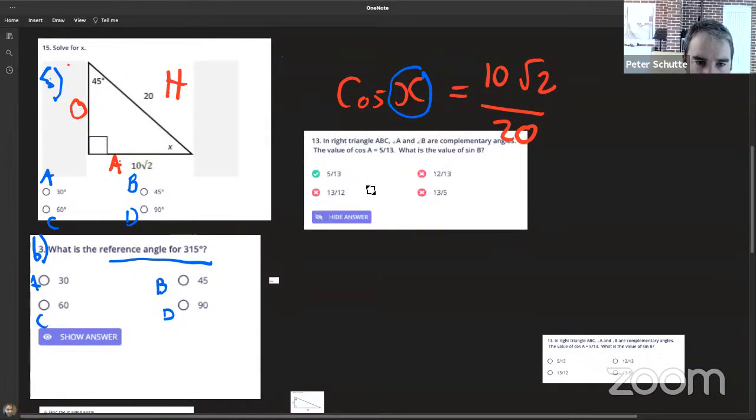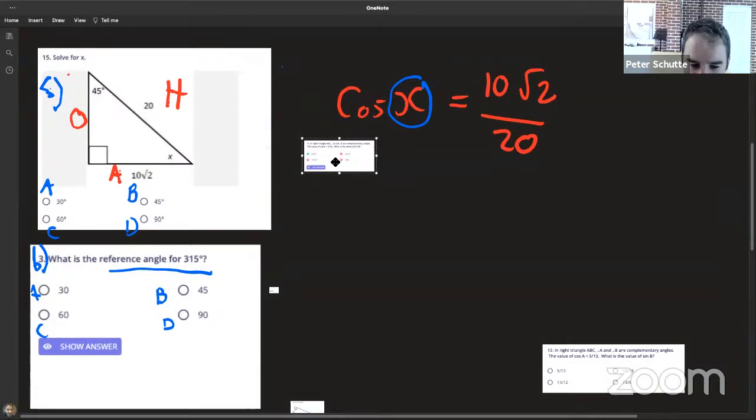So we go shift cos, root 2 divided by 2, and we get 45 degrees, which I think is what everyone got, which is great. Fantastic. Well done, everyone. So that's all good.